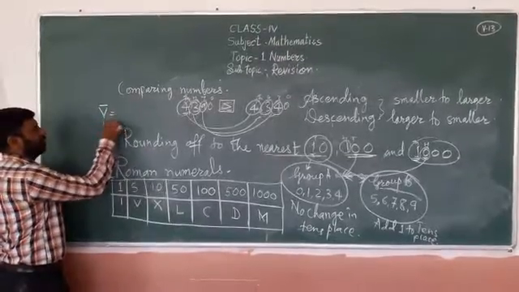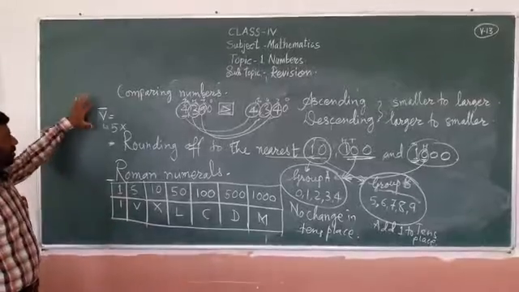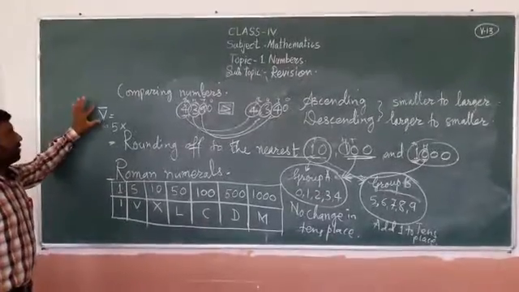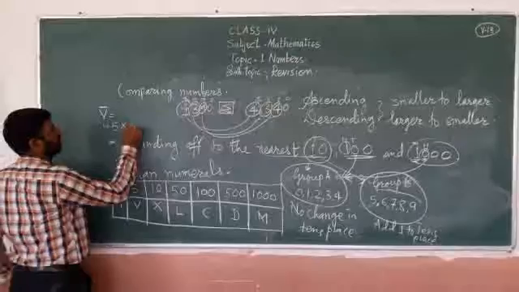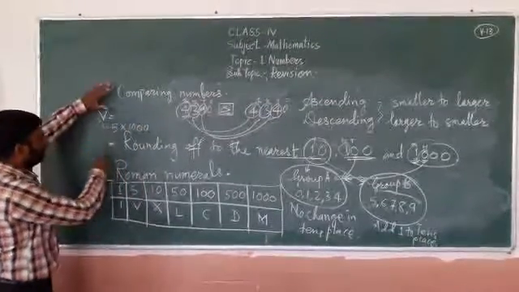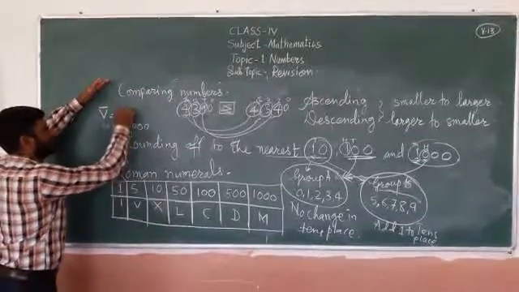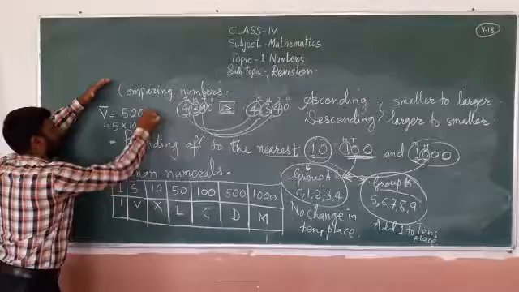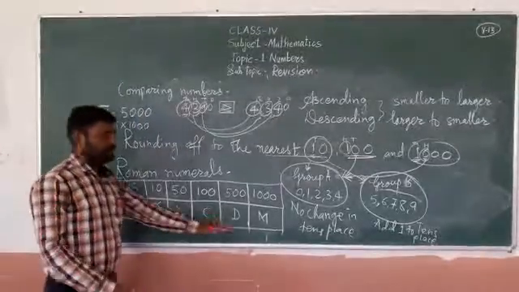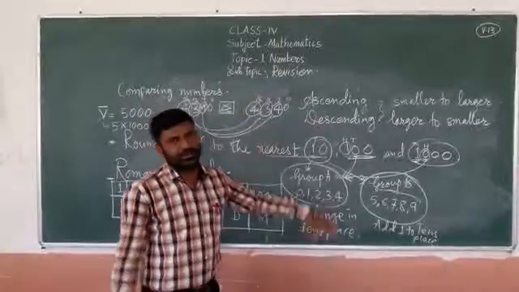V means 5, but if I put a bar, 5 multiplied by 1000, the value will be 5000. Understand? This way we revised all lessons.